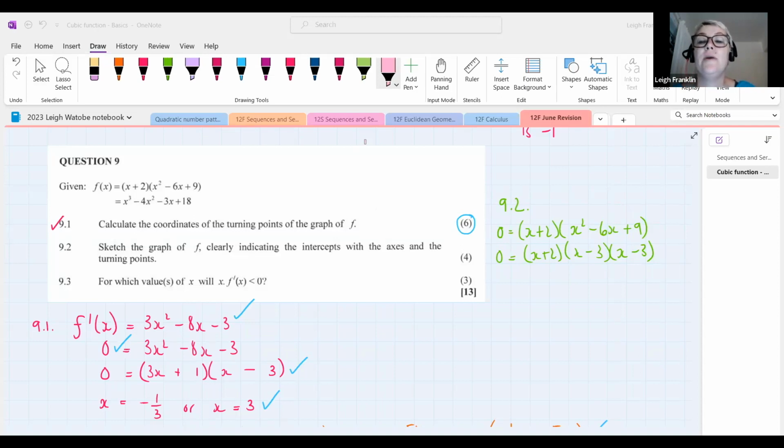Okay, so everywhere says x equals 3, so there has to be more than one x-intercept in this case. But yes, x equals 3 is one of them.